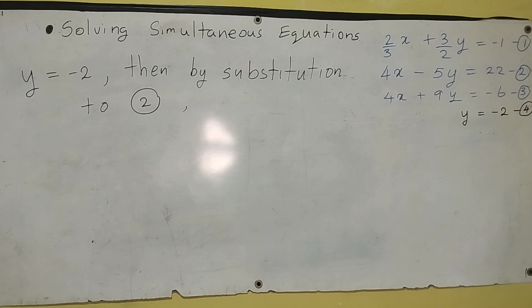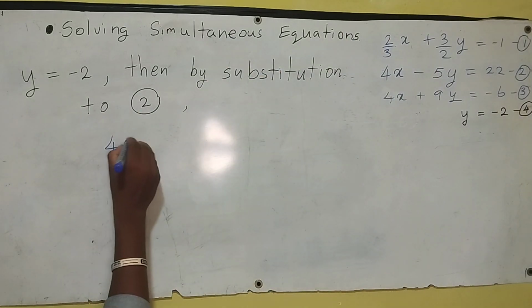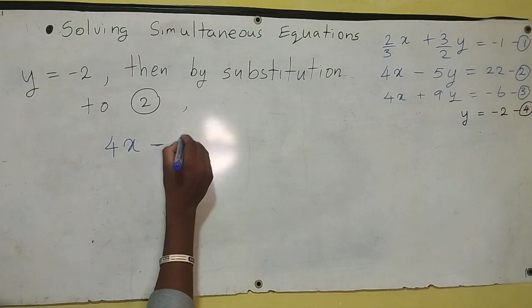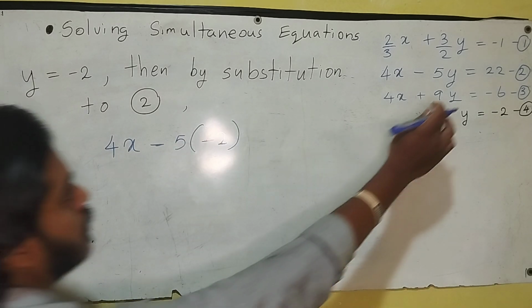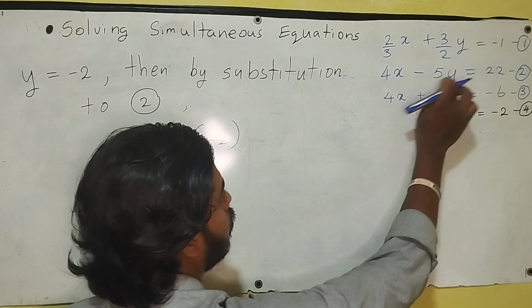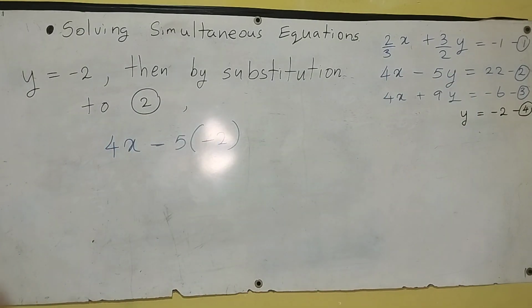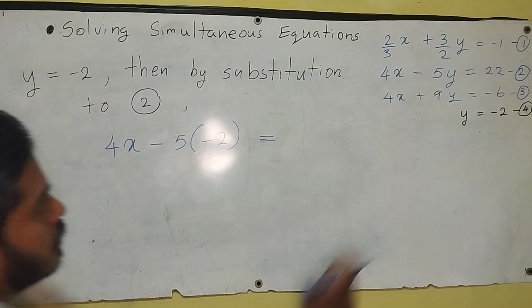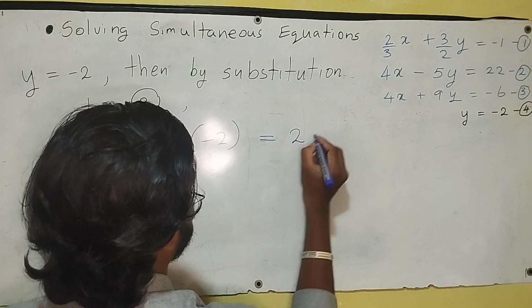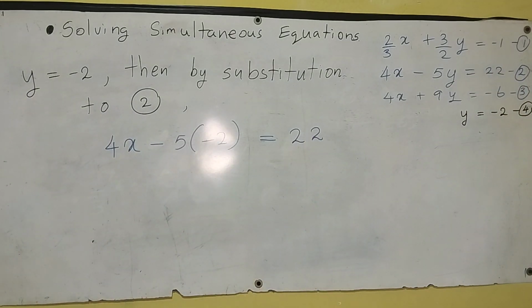Y is equal to minus 2. Here this is our second equation: 4x minus 5 multiplied by minus 2, 5y means multiplication, is equal to 22. Now what happened?